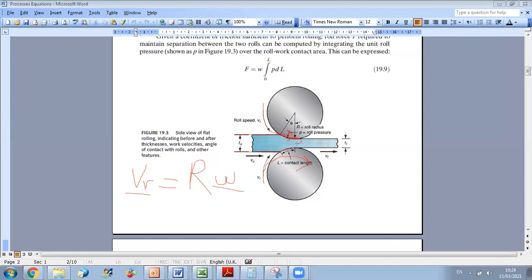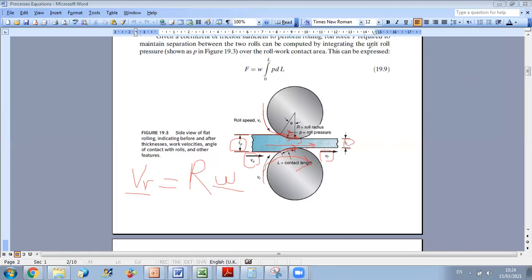This friction force will allow in total the plate to move forward, and we will see that the final velocity will be higher than the initial velocity while the thickness will be reduced. So now in this session we will see how to relate these variables together and how to compute the variation of thickness when a plate goes through a rolling system.